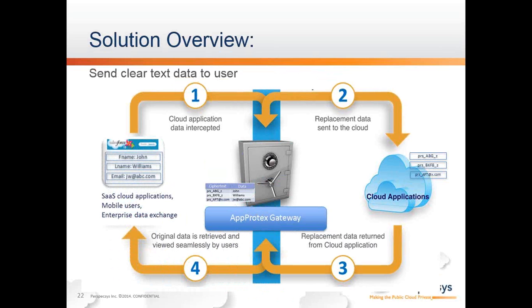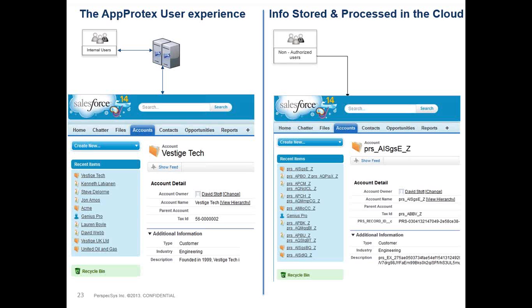On the right-hand side, if somebody came in, either somehow they got access to the information, whether somebody within the cloud provider themselves, or, in Ernie's example, an unauthorized third party to whom the information was handed over, you'll see they would see a mix of some information in the clear, like the account owner says David Stott. That's because the account owner policy was set to let that information pass through in the clear. But for some of the other detail, the protection policies were to either encrypt or tokenize it, so that information remains in either encrypted or tokenized form.